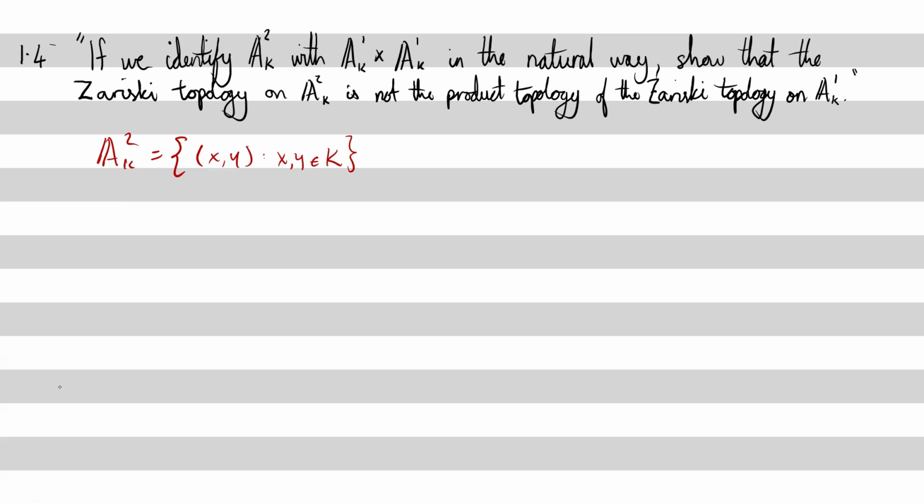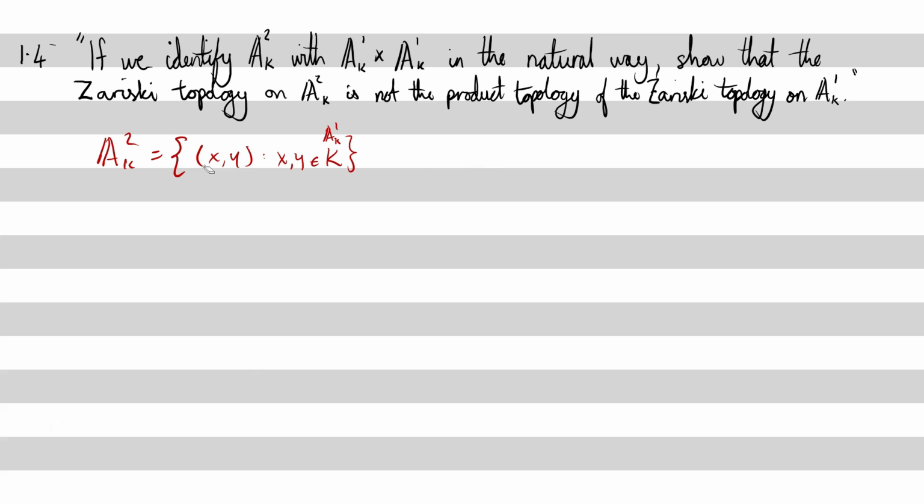So as a set, we can just replace that K with the affine line and say, oh look, it's as a set the same as AK1 times AK1.